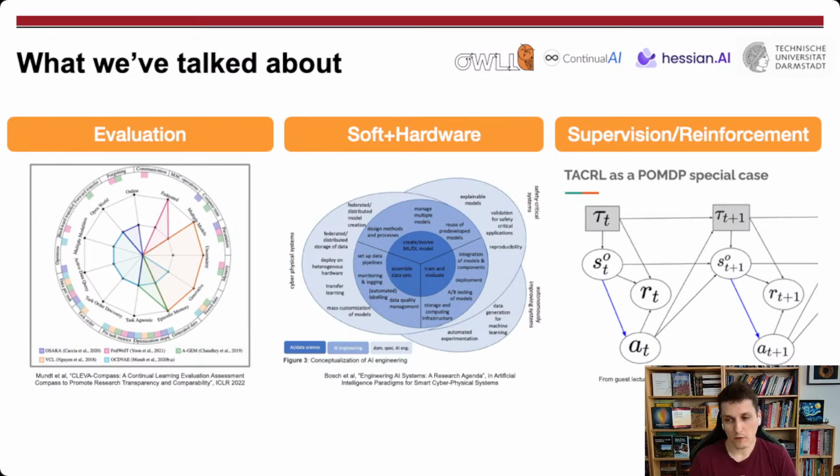On a similar view of limitations, again suggesting how the course itself had a lot of frontiers, we've talked about software and hardware. We had a really interesting guest lecture on Avalanche and how we can construct, in this case, PyTorch software to address continual learning, how to extend our current software tools.